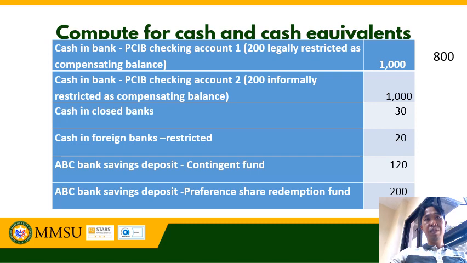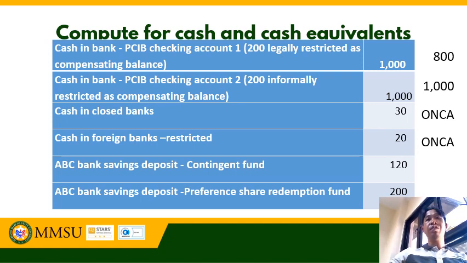Cash in bank, PCI bank, checking account number 2. This time, the 200 is not legally restricted, it is informally restricted. So we just ignore the 200. The amount to be considered is 1,000. Cash in closed banks would be restricted, of course, and that would be part of other non-current assets. And cash in foreign banks restricted.